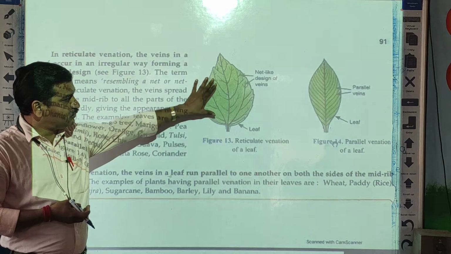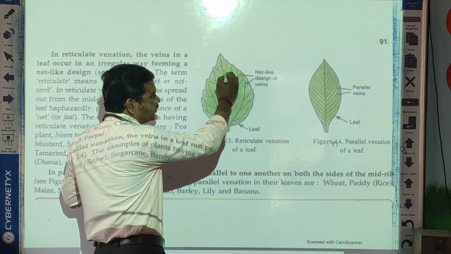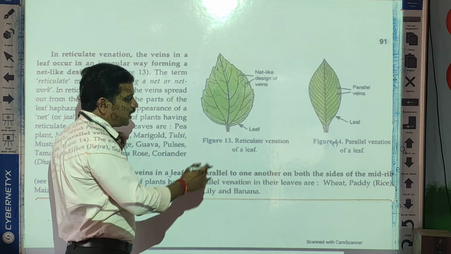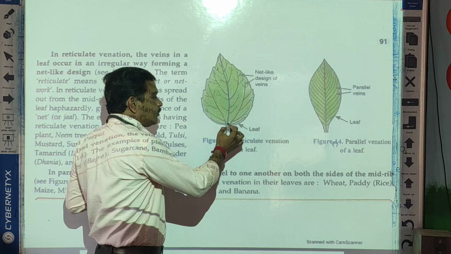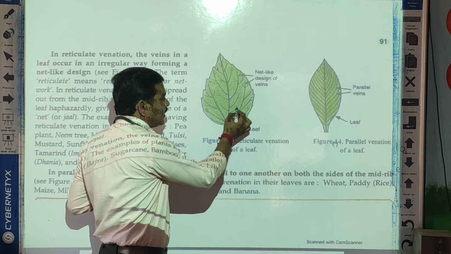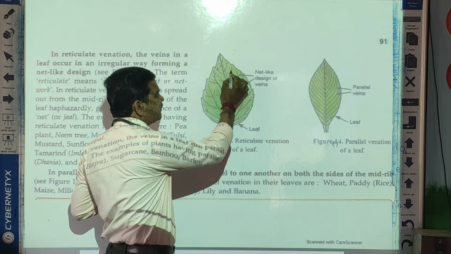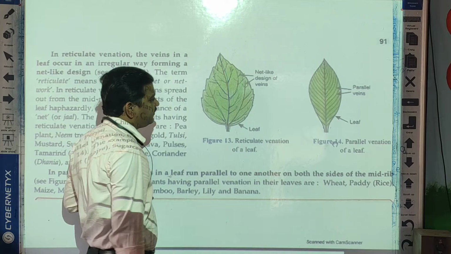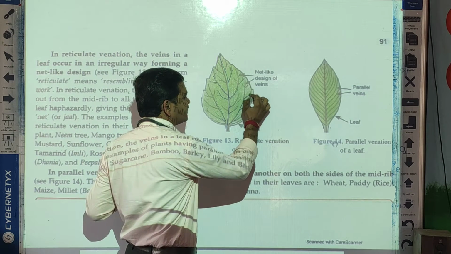First you can see this is the leaf, and this is the midrib. The midrib is the middle part of the leaf, and on both sides of the midrib you can see the veins, and these veins are running anyhow.